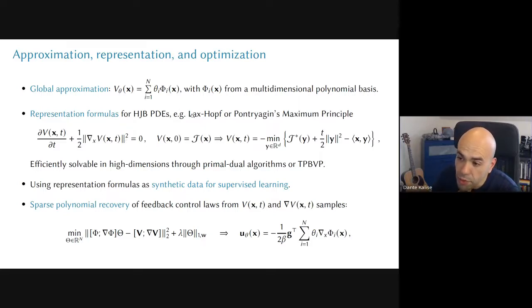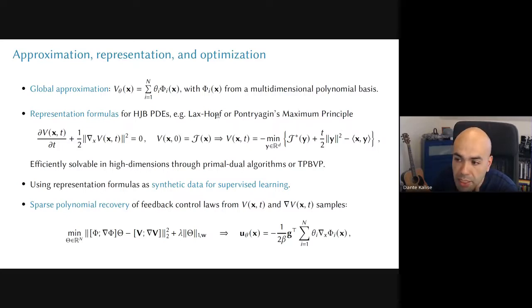It is known from Lax-Hopf that for this Hamilton-Jacobi equation, this is hyperbolic, if you have a convex initial condition, at any point of the space-time cylinder, so any x comma t, you can recover the solution of this PDE, not by solving the PDE, but by solving a convex optimization problem.